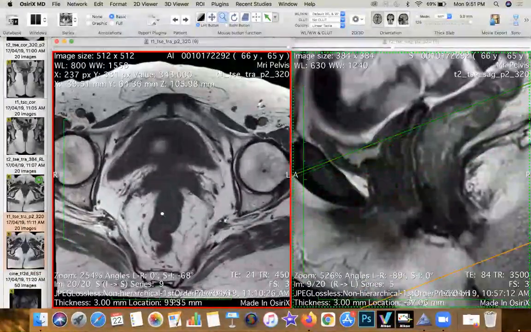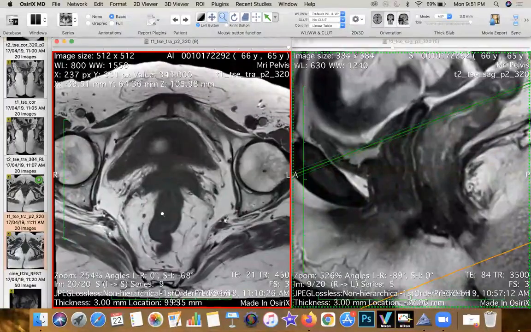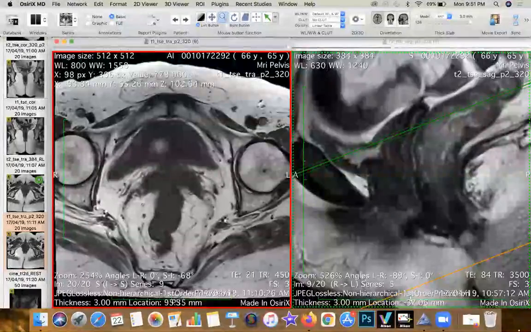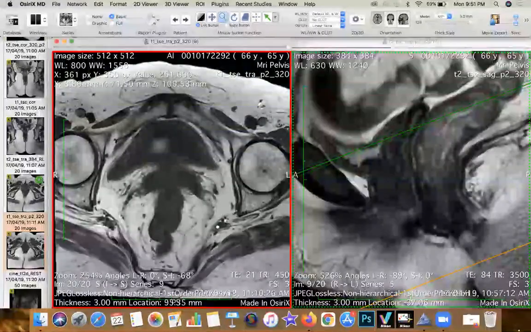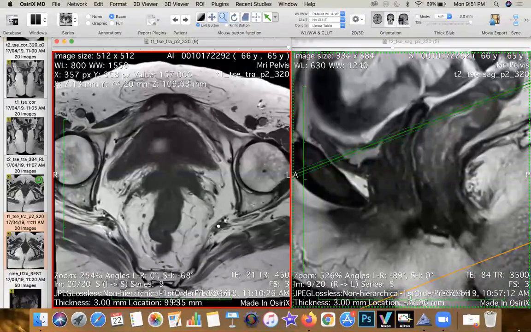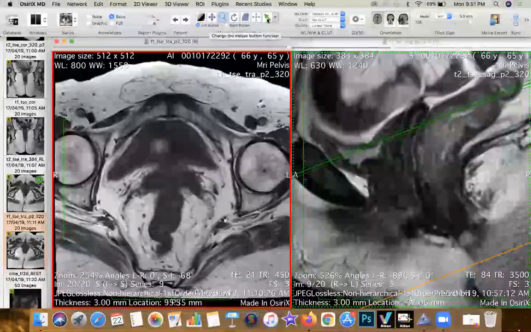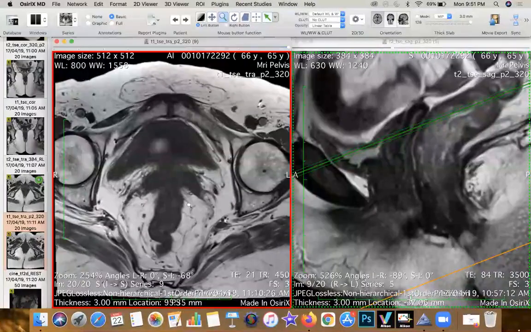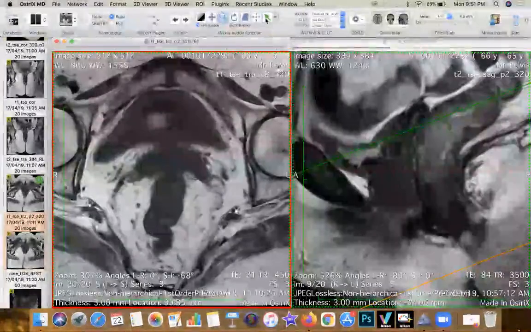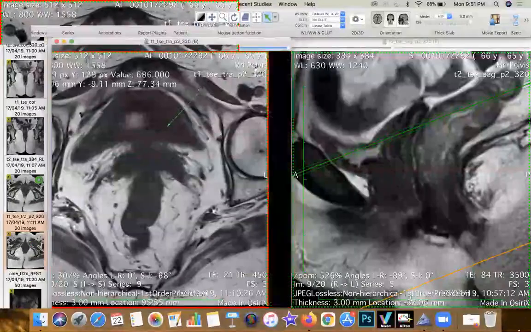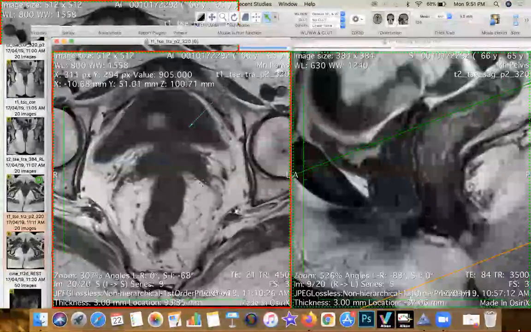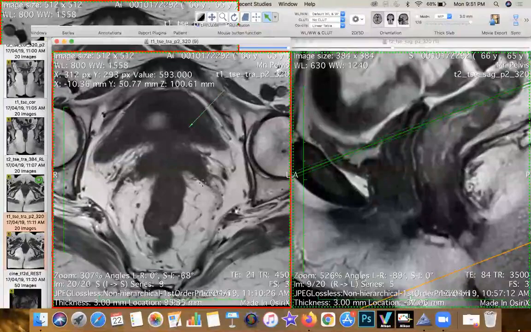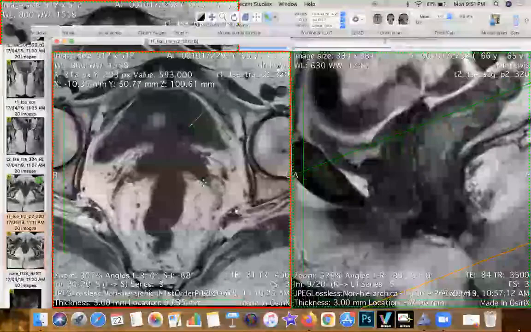One thing to remember when I was teaching you all the fascial reflections is, this is the visceral endopelvic fascia, and this is the parietal endopelvic fascial reflection. Please remember that there are three compartments within the pelvis itself. You have the true peritoneal compartment, the peritoneal spaces. Then you have what we call the extraperitoneal, or subperitoneal, spaces.